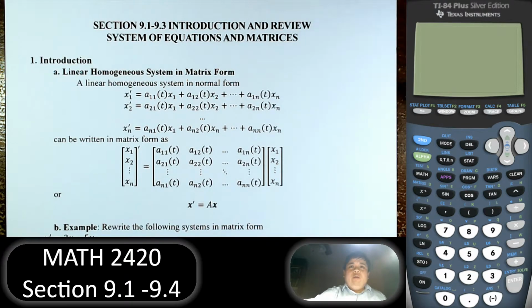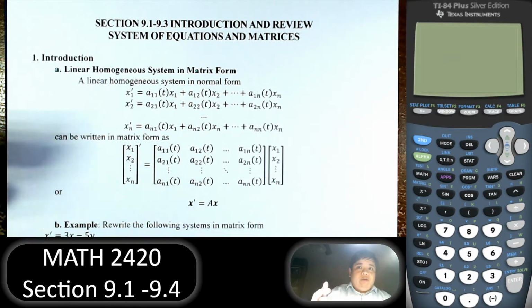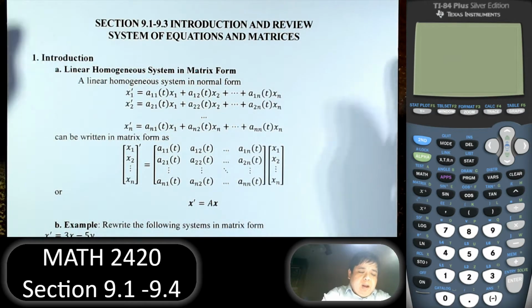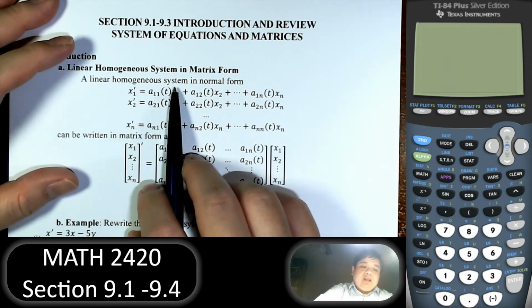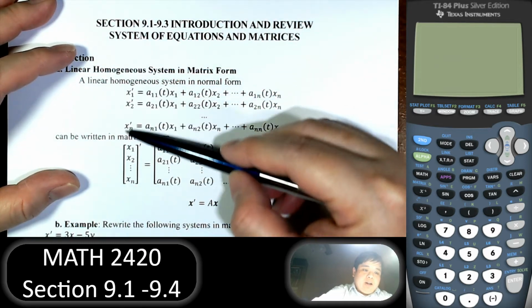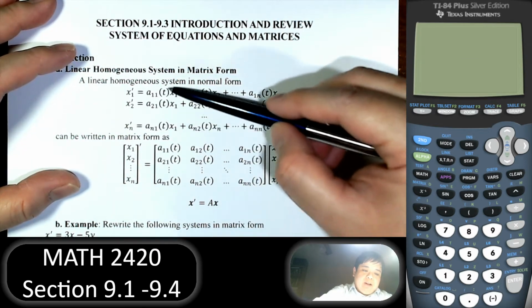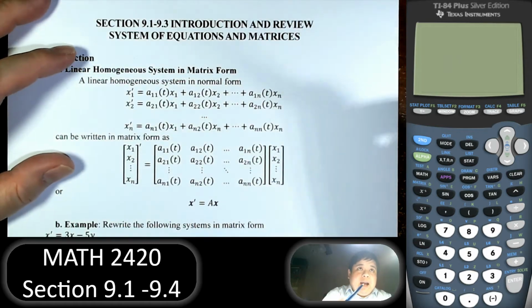So the overview of this chapter: now we will use matrices to solve systems of equations. First, if we have a linear homogeneous system of equations in the normal form, we'll have the derivatives on one side, and on the other side we have all the functions.